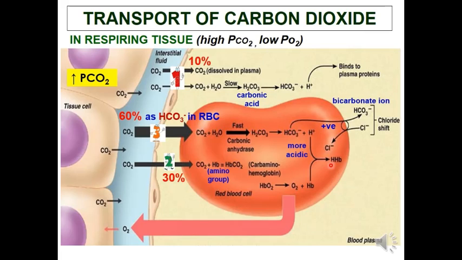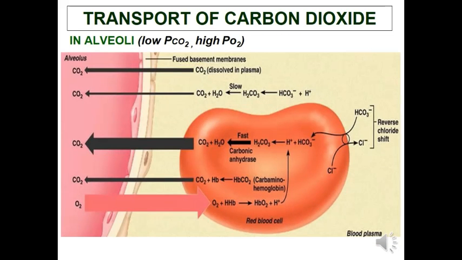So the formation of hemoglobinic acid prevents a decrease in pH of the red blood cell. Carbon dioxide will be transported from respiring tissues to the lung.